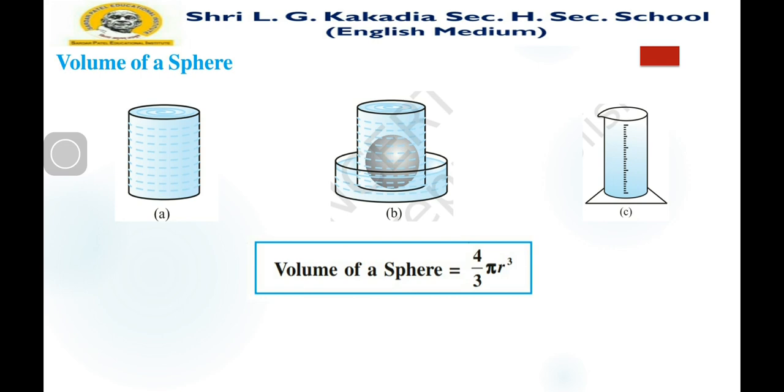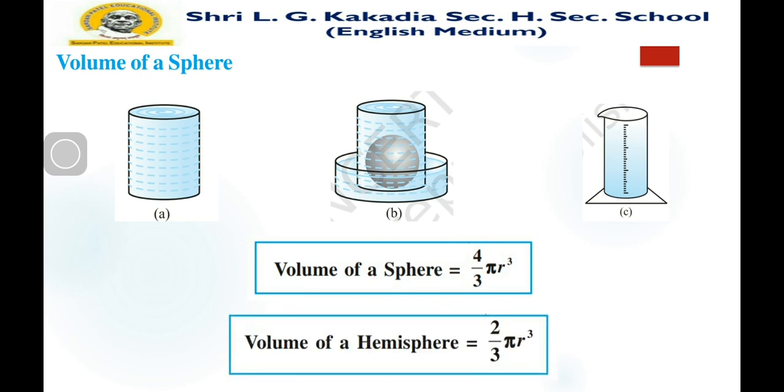And about the hemisphere, if we slice the sphere into two parts from the middle, then we get hemispheres, and the volume of a hemisphere is given by 2 by 3 pi r cube. So these are the two formulas from which we get the volume of a sphere and the volume of a hemisphere.